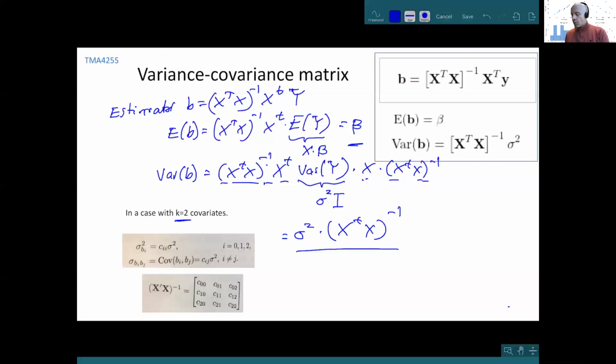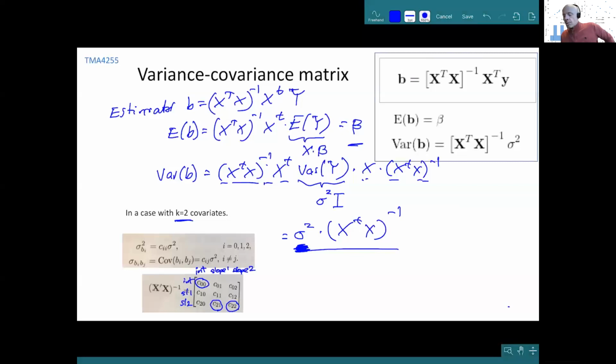And in this case, with 2 covariates, we have then a 3x3 matrix indicating the variance and covariance entries of the parameters. So this would be for the intercept, and this would be for slope 1, and this would be for slope 2, and the same in the rows. So this is the variance, or not the variance, but up to a proportionality constant sigma squared, for slope 1, and the variance of slope 2 is here, up to a normalizing constant sigma squared again, and this is the covariance between the 2 slopes.